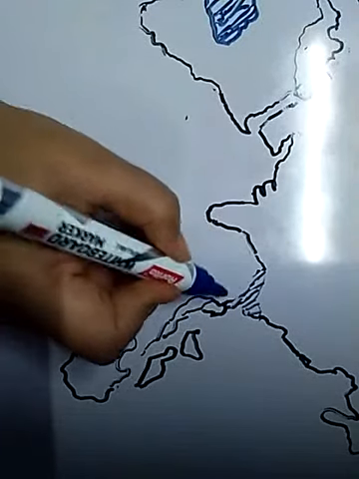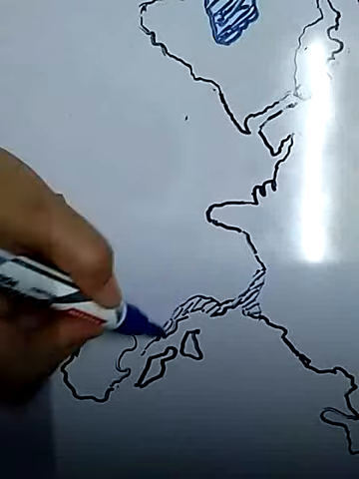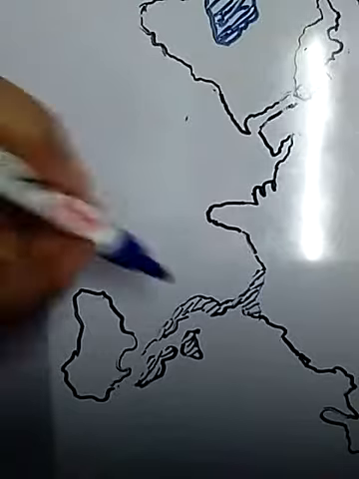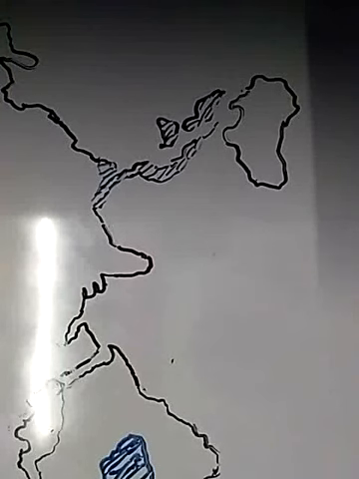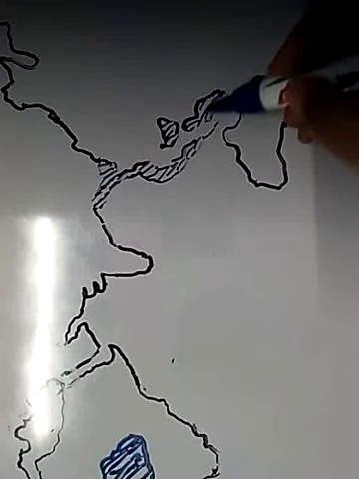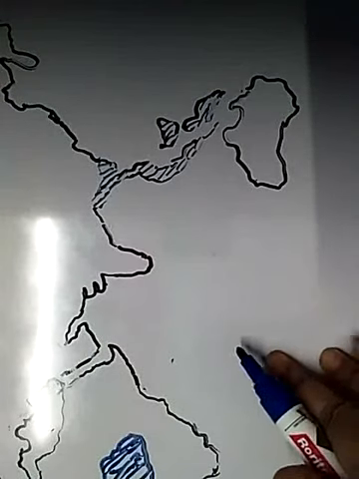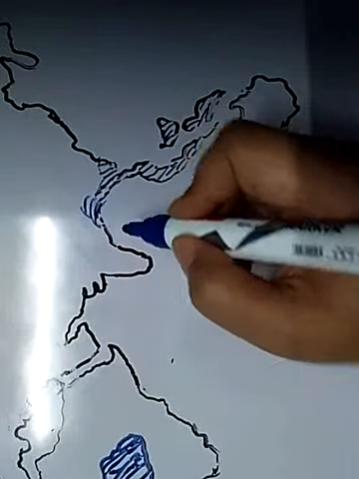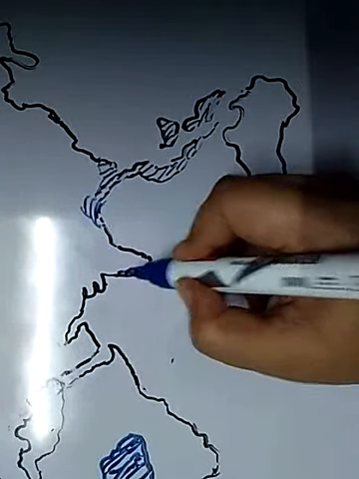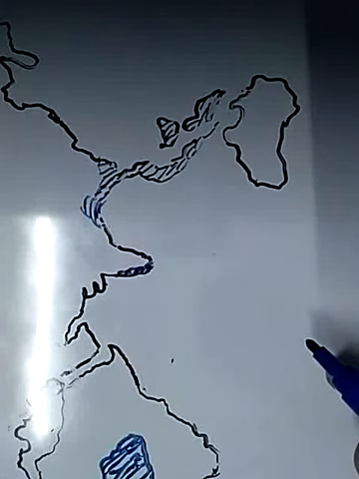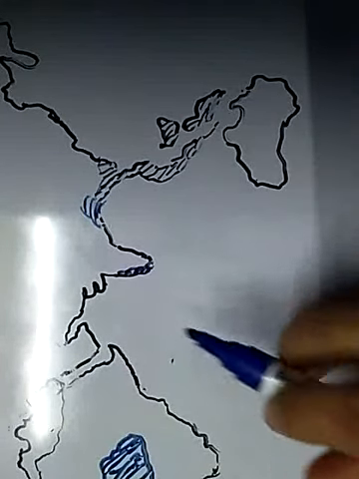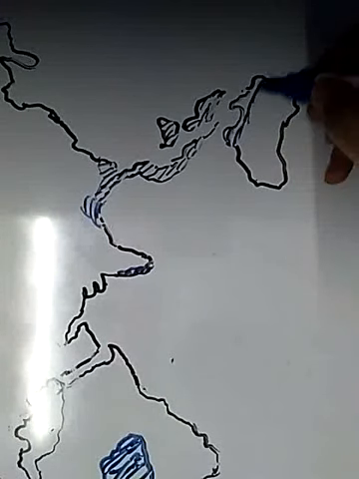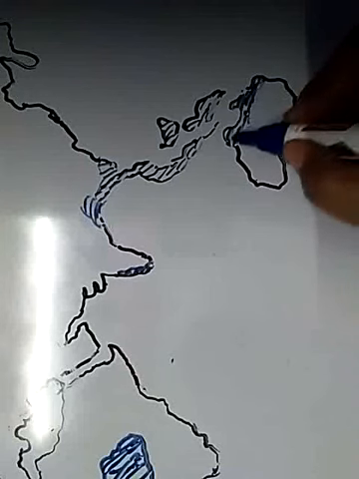These type of forests are confined in Southeast Asia, in the northeast part of our country and in the western slope of the Western Ghats, and also in the north part of Australia.